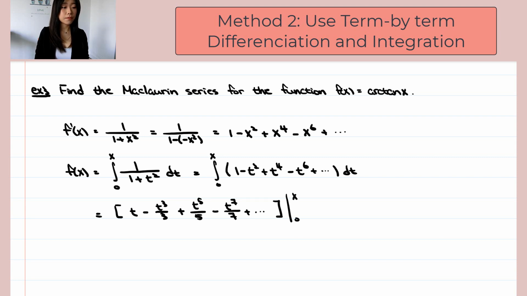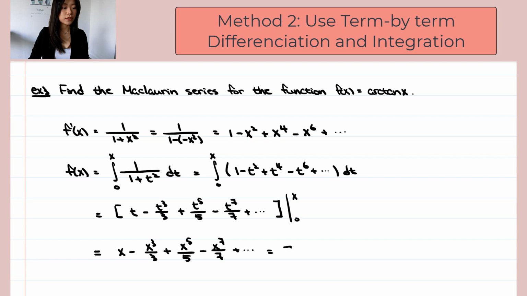So I substitute the upper bound and subtract the lower bound. So I get x minus x to the power of 3 divided by 3 plus x to the power of 5 divided by 5 minus x to the power of 7 divided by 7, and so on. Or we can rewrite that in sigma notation.